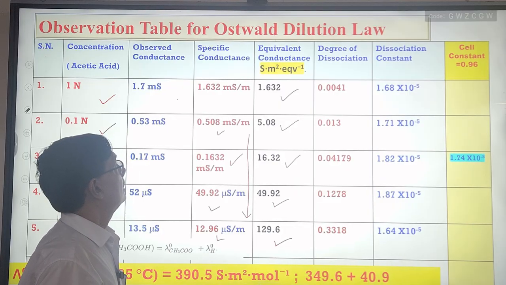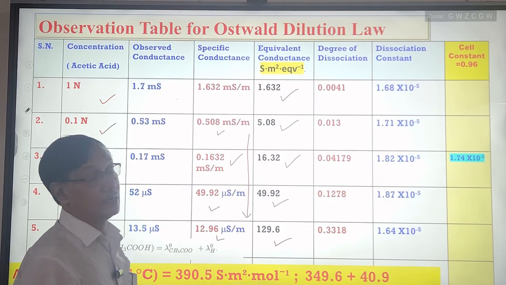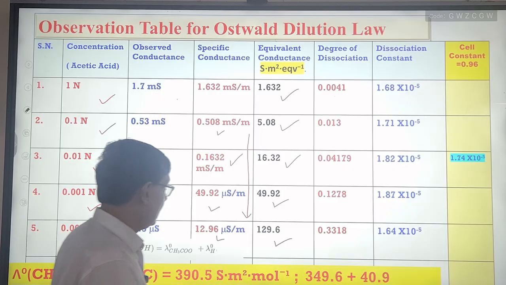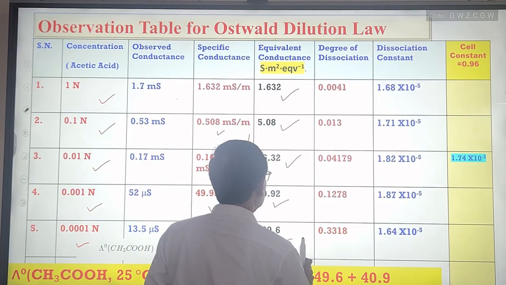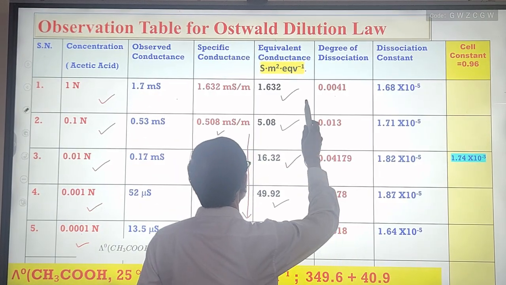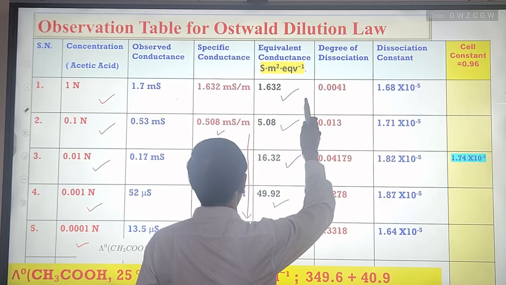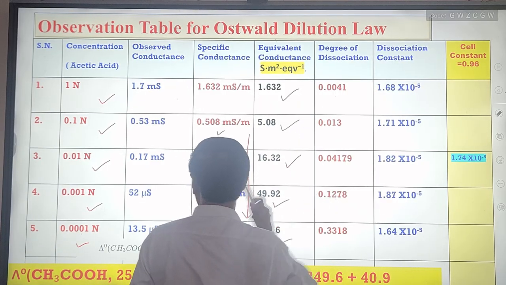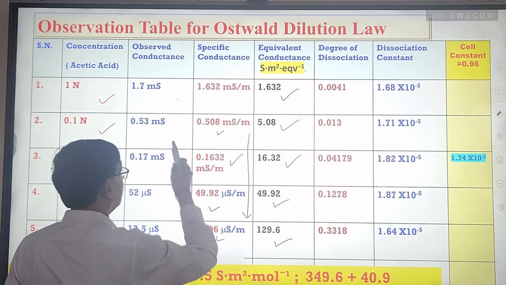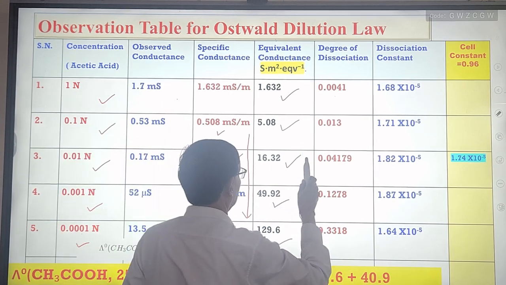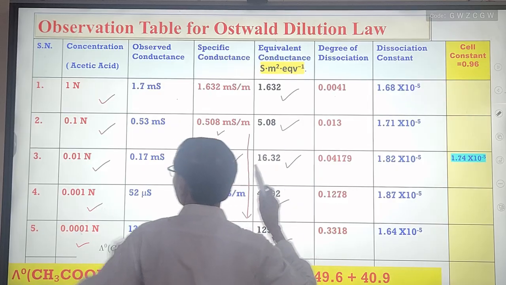But when I consider the equivalent conductance, it is gradually increasing. Here it decreases, so this increases as concentration decreases.